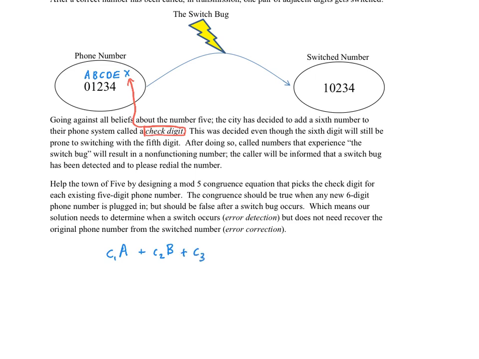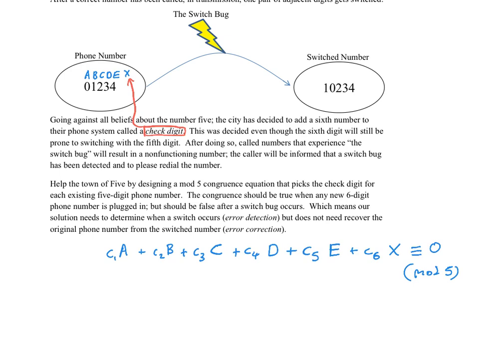So C3 times capital C, plus C4 times capital D, plus C5 times capital E, plus C6 times capital X. And we want all of this to be congruent to 0 in mod 5. Because in the town of 5, we're just using digits 0 to 4.